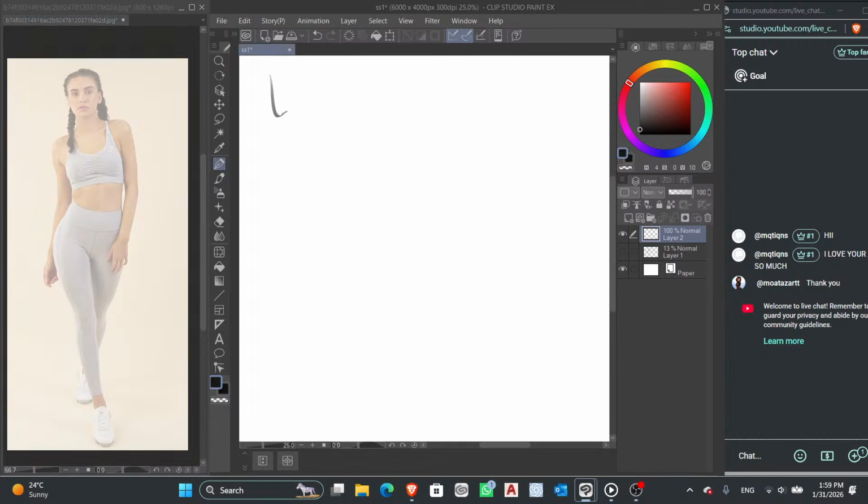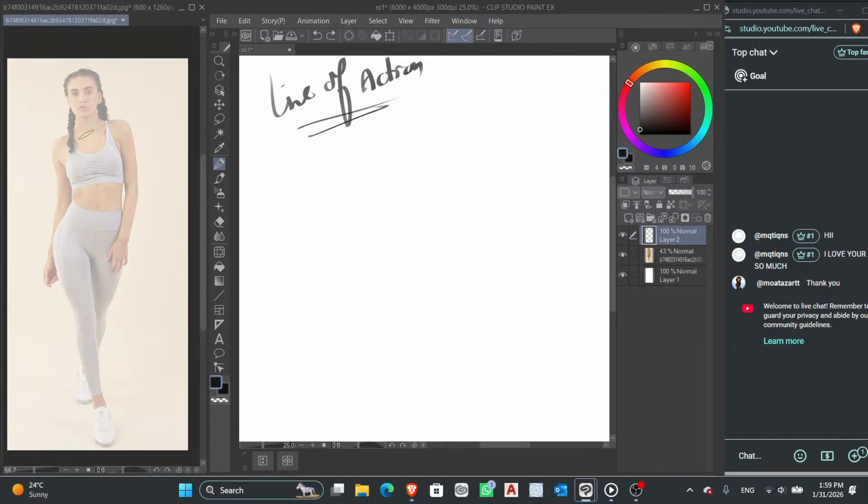What is this line of action? The line of action for me is the one connecting the torso. This one. It's like the center of the human figure. There is a long curve.